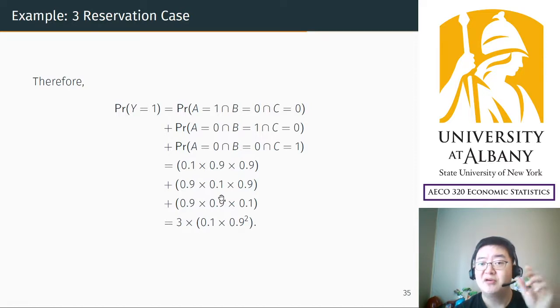Only the order is changed, which does not matter. So in the end, it is 3 times 0.1 times 0.9 raised to the exponent of 2.